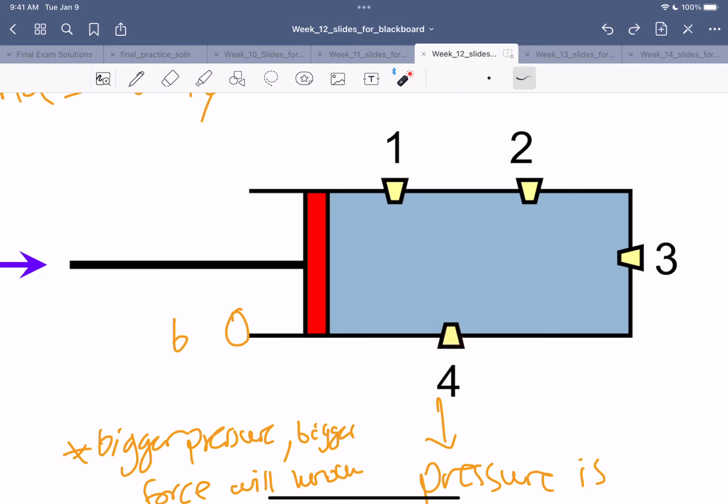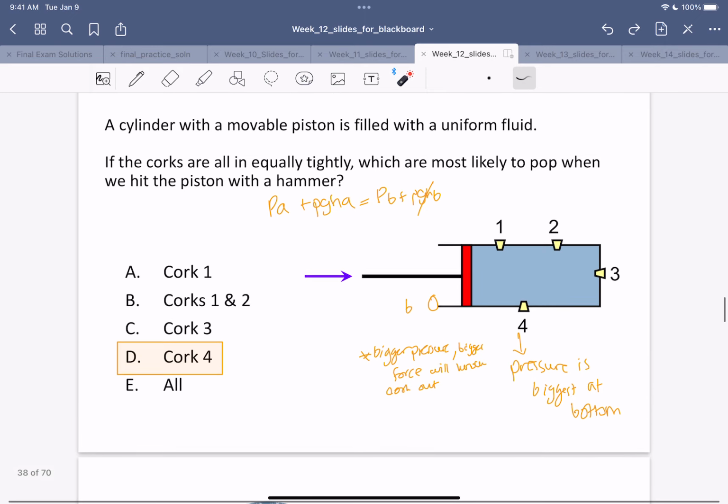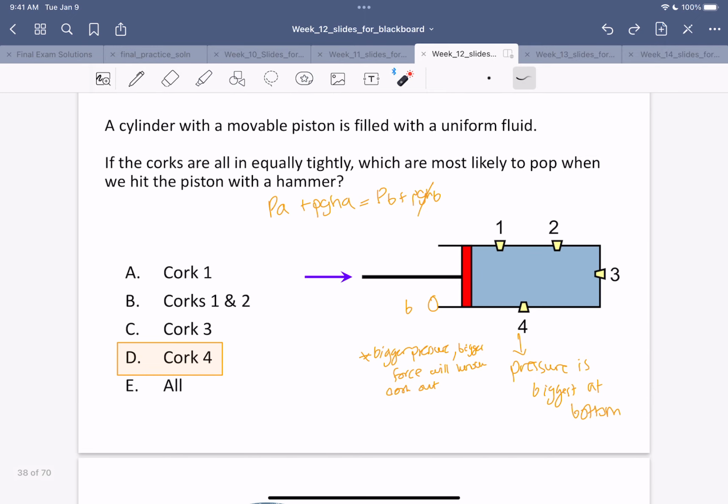So if we cared about the heights, then cork 4 would pop off first because the pressure here would be the greatest, which means the greatest force, right? If the heights were negligible, so we don't care about the heights, then all of them would pop off at the same time because the pressure would be the same everywhere. Does that make sense? Just to clear up that idea. But for our year, they told us that heights weren't negligible, so the heights did matter. And in that case, cork 4 would pop off first because it's at the greatest depth.